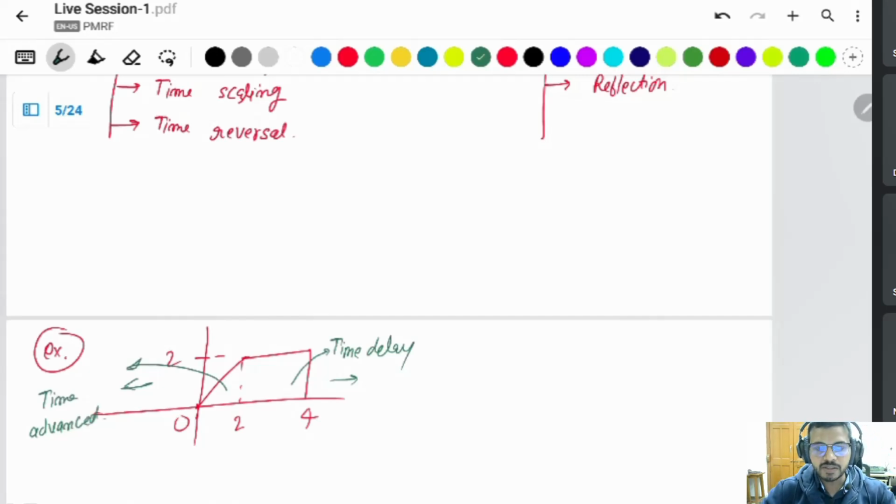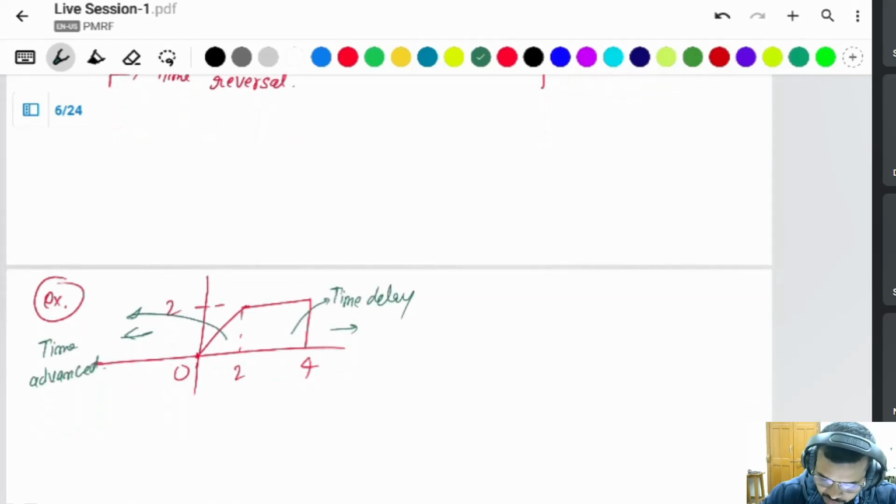Time delay means there is some delay. We know about voltage and current, the angle difference between voltage and current gives some delay and advance depending on the load, like inductor and capacitor. Same thing here. Time delay means shifting to the right side.